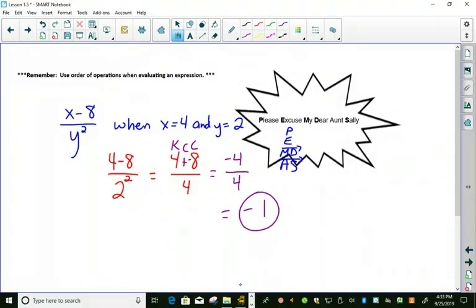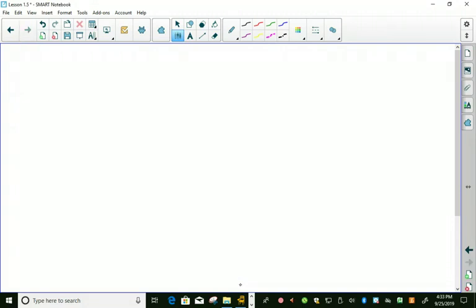Okay. All right, we're going to add one more example in here. And we're going to find the mean of the following integers.